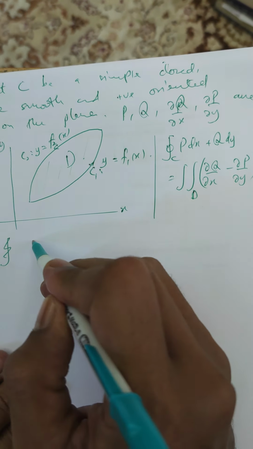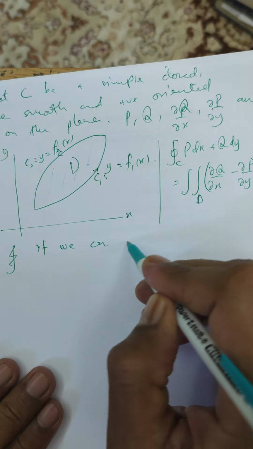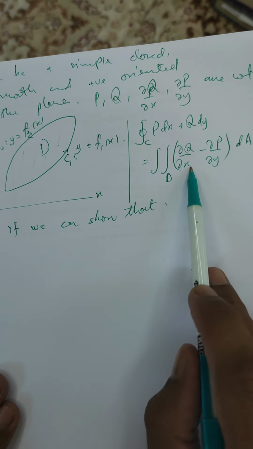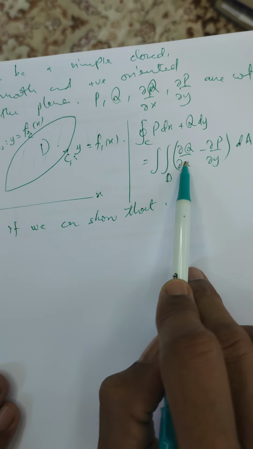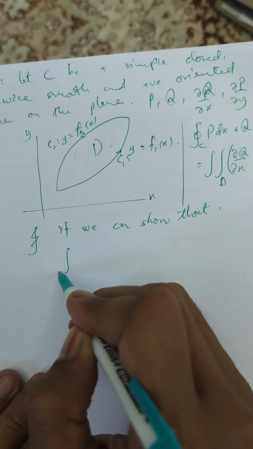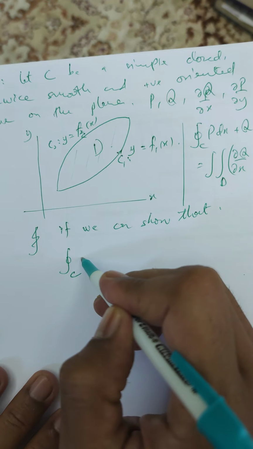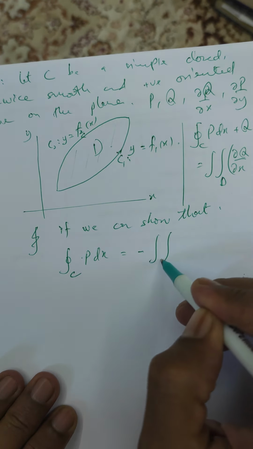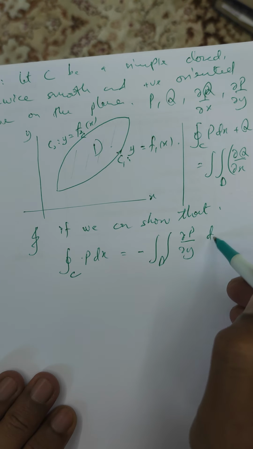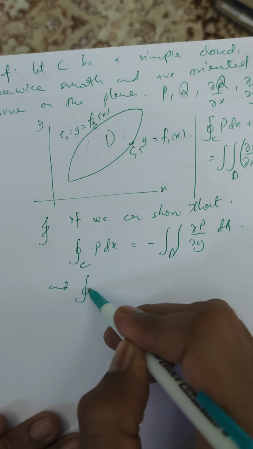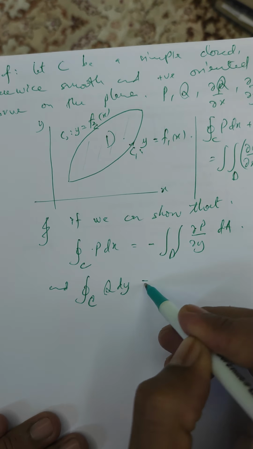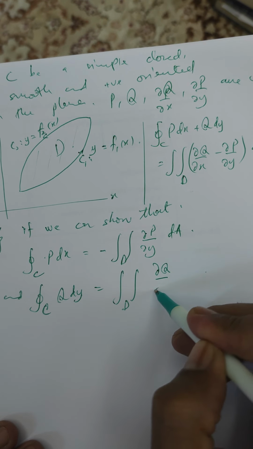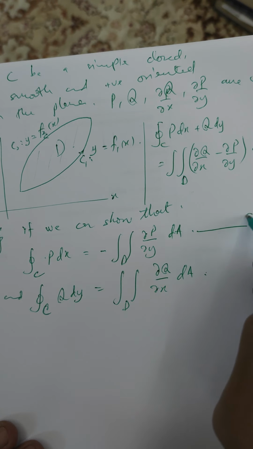If we can show that the integral over C of P dx is equal to minus the double integral over D of del P/del y dA, and the integral over C of Q dy is equal to the integral over D of del Q/del x dA, then we're done. Let's say this is number 1, and this is number 2.